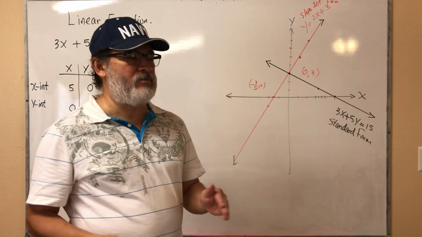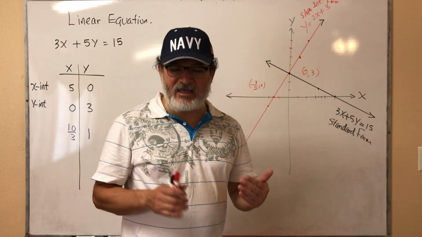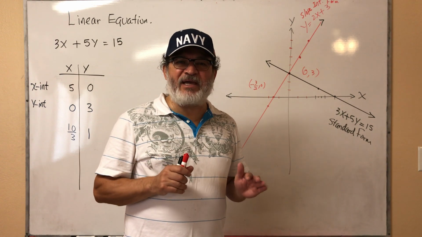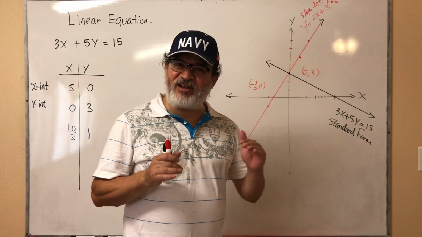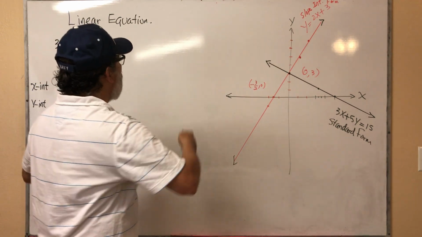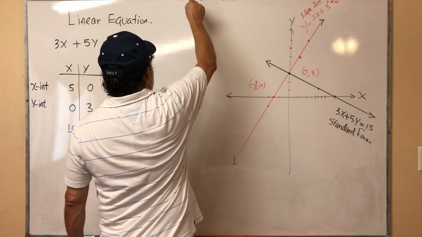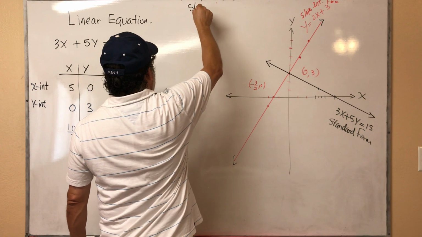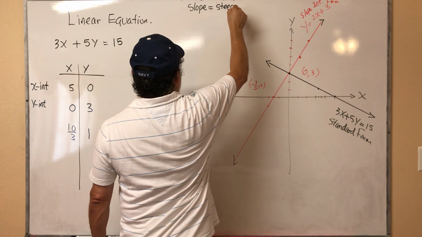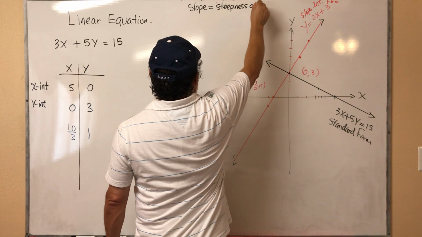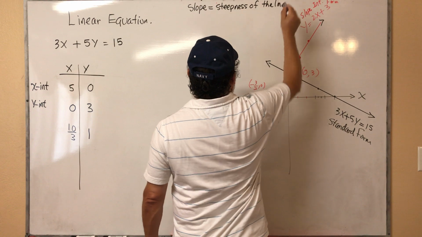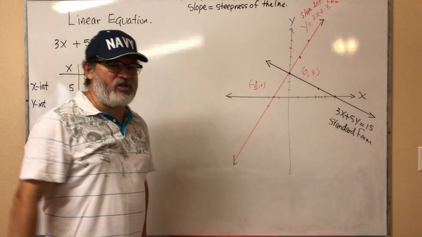So what is the slope? The slope is the steepness. I am moving into section 2.3. The slope is the steepness of the line. And how do we measure the slope?